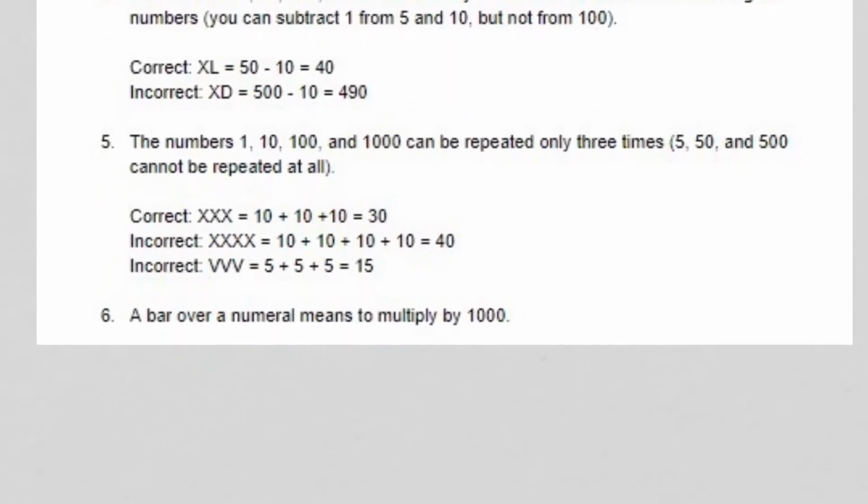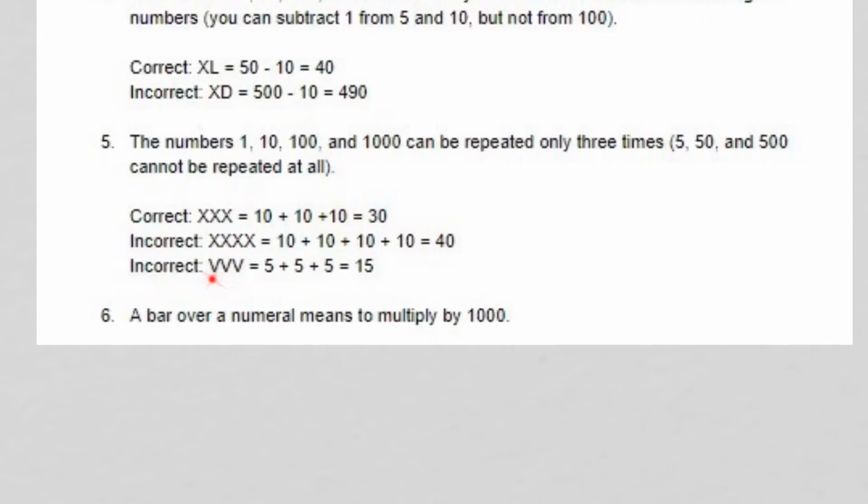Rule number 5, using those same numbers, we can actually repeat them to get some more numbers, but we can only repeat them 3 times. 5, 50, and 500 cannot be repeated at all. So here are some examples of correct and incorrect. We can repeat the X 3 times to get us 30, but we cannot repeat it 4 times to get 40.